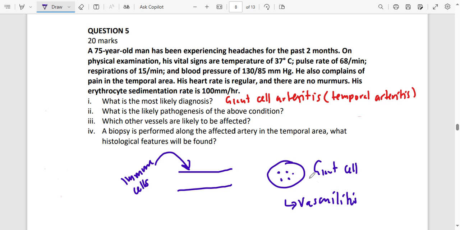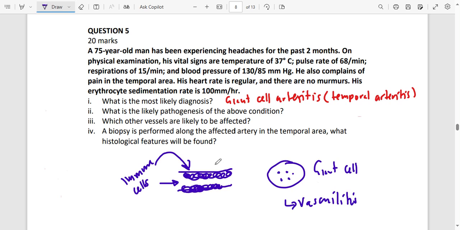And vasculitis is inflammation of the vessel, which causes the wall of the artery to become thick. And when the wall of the artery becomes thick, because you're having this inflammation, look at what has happened. It becomes thick. That is making the lumen of the artery narrow.